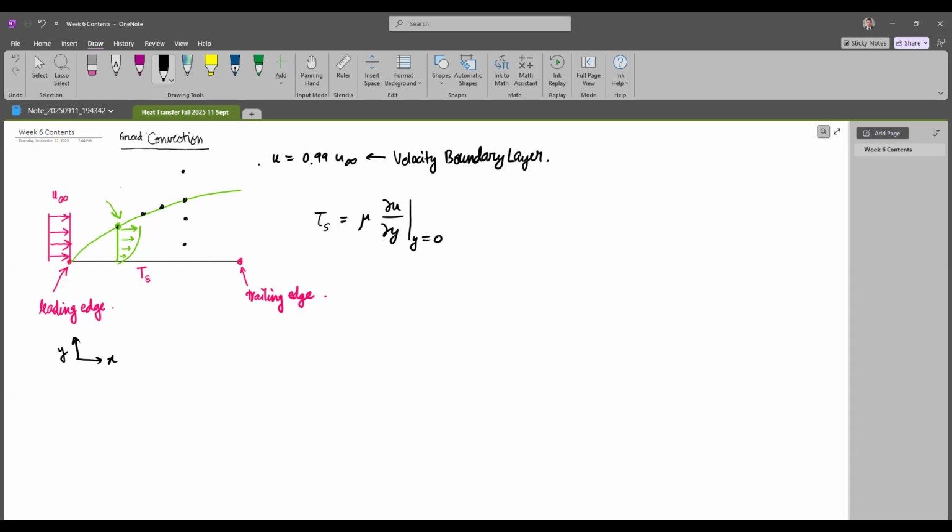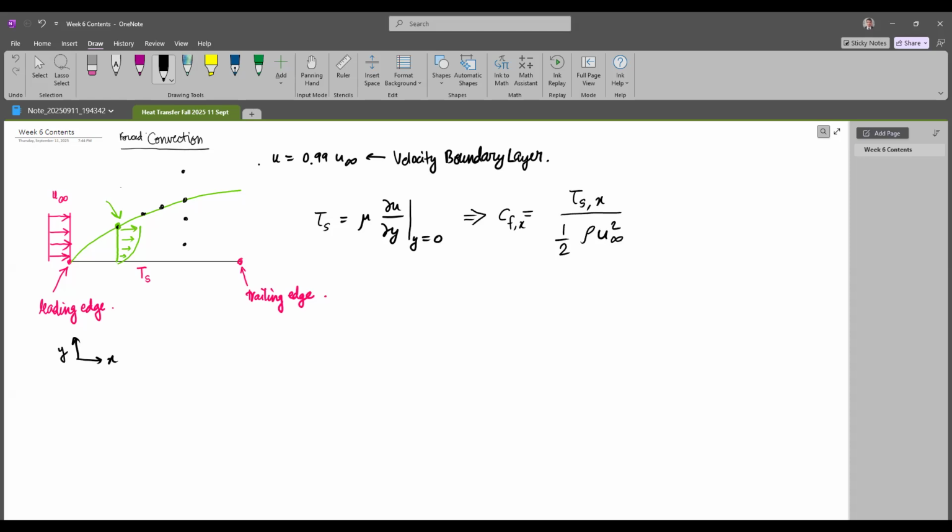And why do we need the shear stress? Usually to define the local friction coefficient, which is CF. So CF at any point x is tau s at point x over half times rho times u infinity squared.